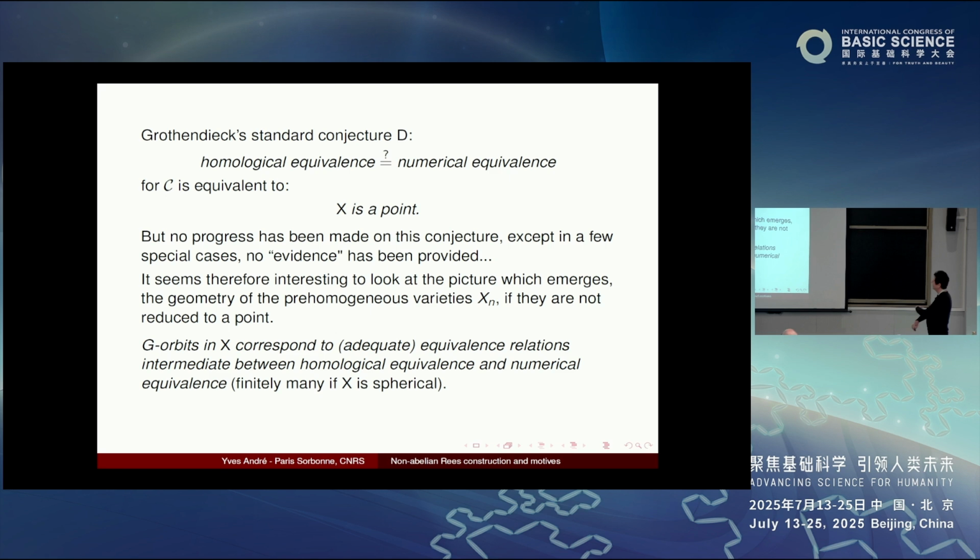So if this standard conjecture does not hold, then in any case the G-orbits in X correspond exactly, by a bijection, to adequate equivalence relations intermediate between homological equivalence and numerical equivalence. And one knows that there are finitely many if X is spherical.